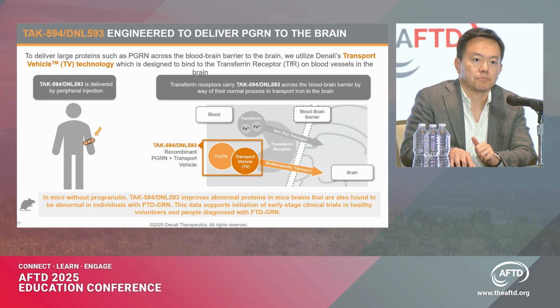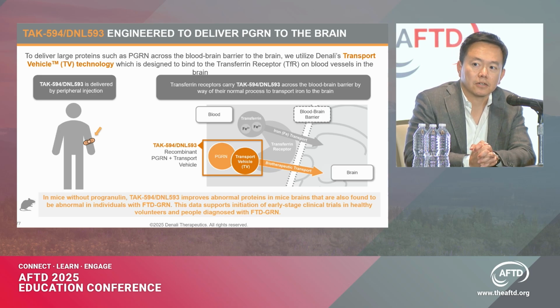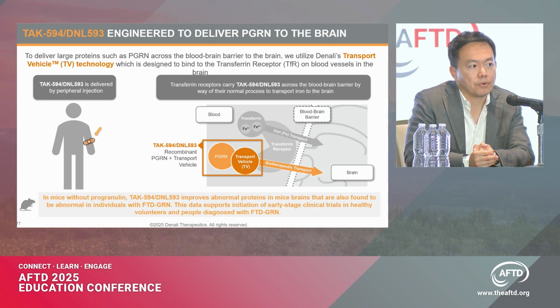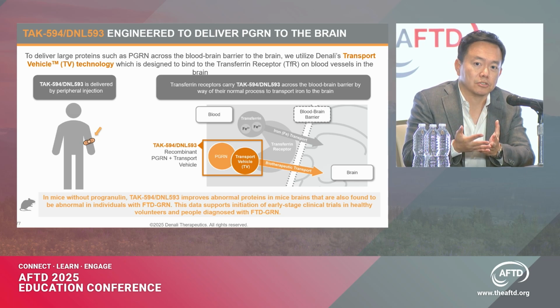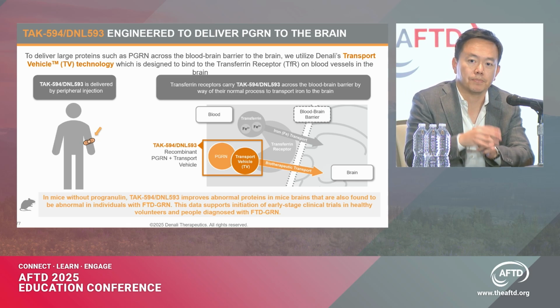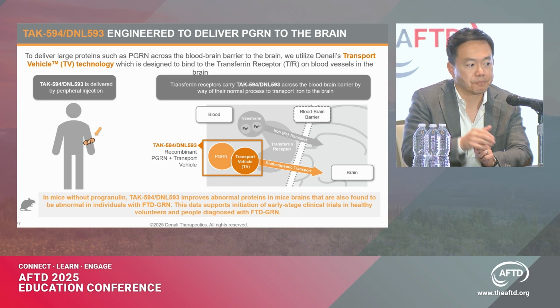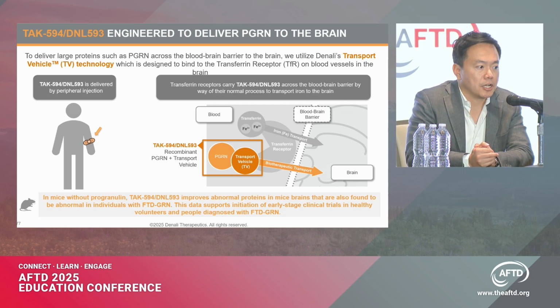But the challenge is proteins are a big, big molecule, and they're normally blocked by the blood-brain barrier, which is a barrier around the blood vessels in the brain that's normally there to protect you from toxins and things from going from the blood into the brain. But it also prevents big drugs like antibodies and proteins from going from the blood into the brain. But Denali has developed a proprietary technology called the transport vehicle, and it's actually really simple.